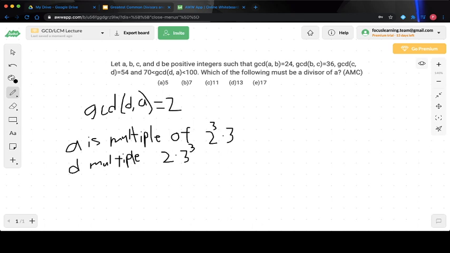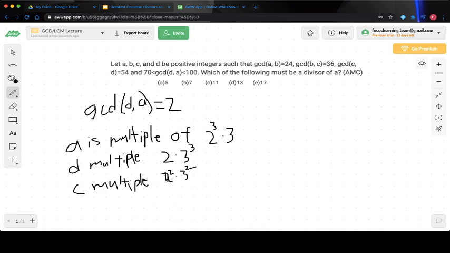From our second equation, we see that the greatest common divisor of B and C is 36, which means that C is a multiple of 36, which is 2 squared times 3 squared. And we also know that the greatest common divisor of C and D is 54.